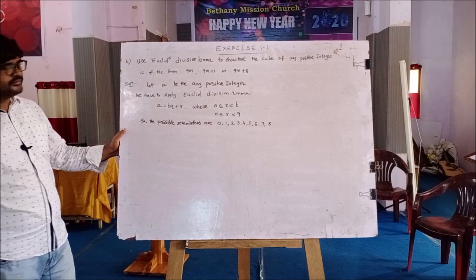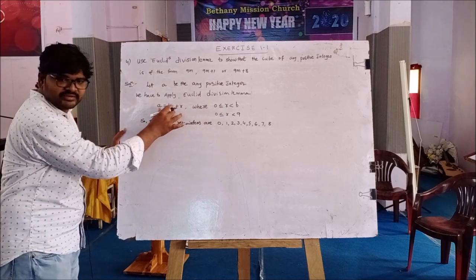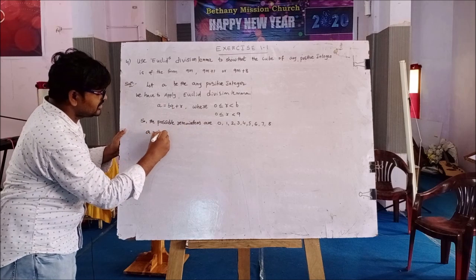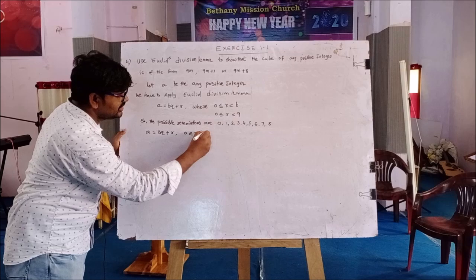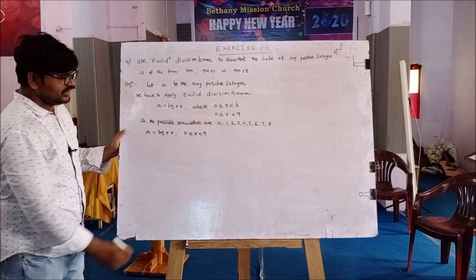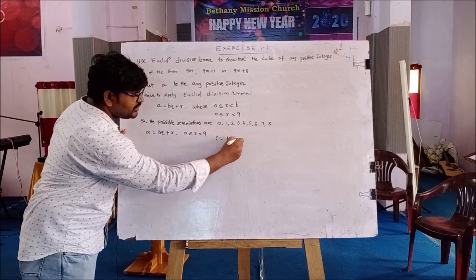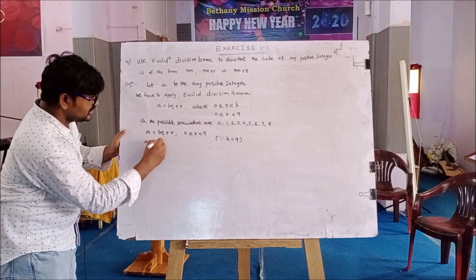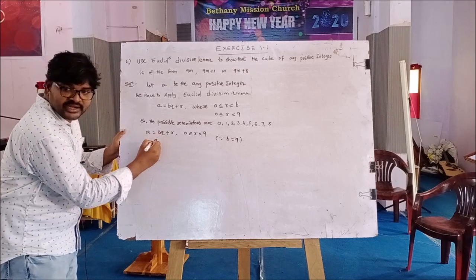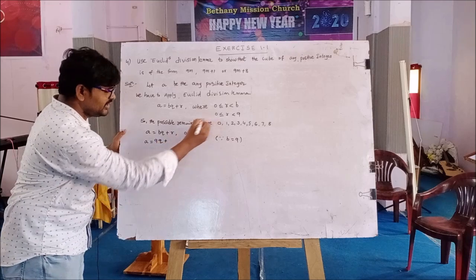It's clear? Okay. Where A equals BQ plus R, where 0 less than or equals to R less than 9. Here B equals 9. Therefore A equals 9Q plus first remainder 0.